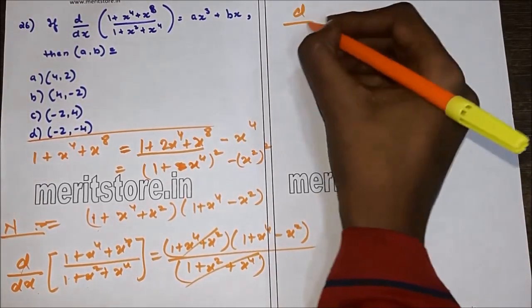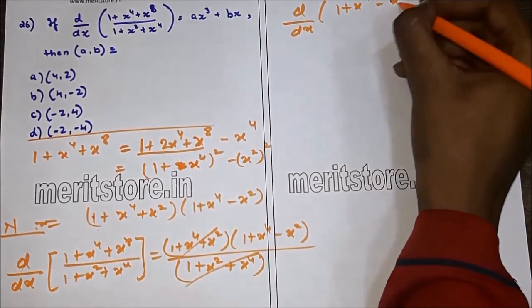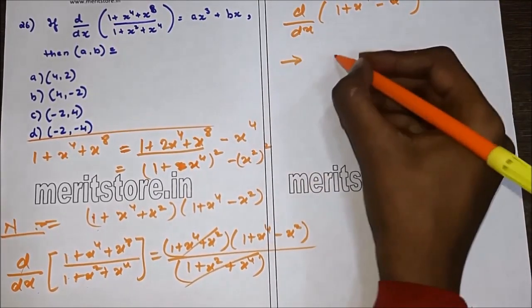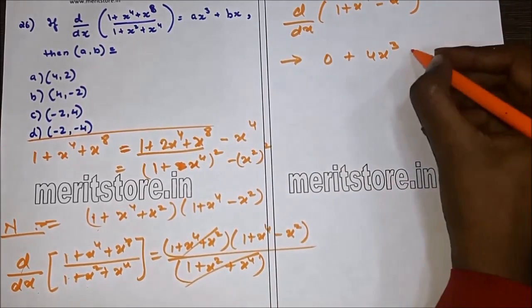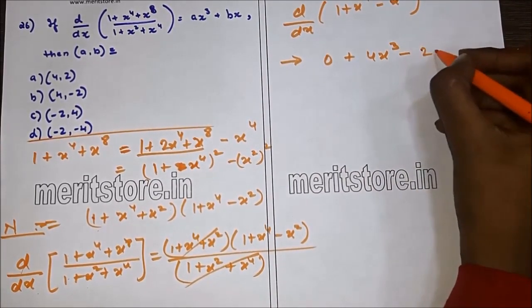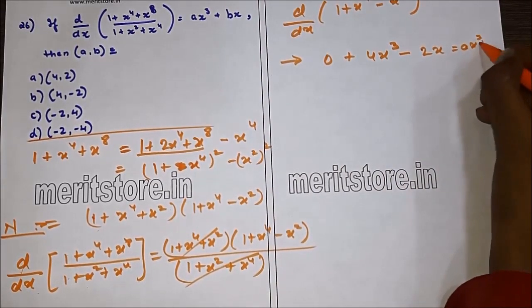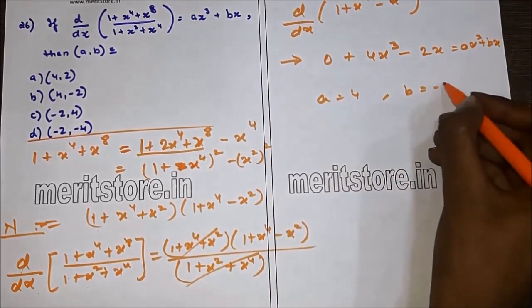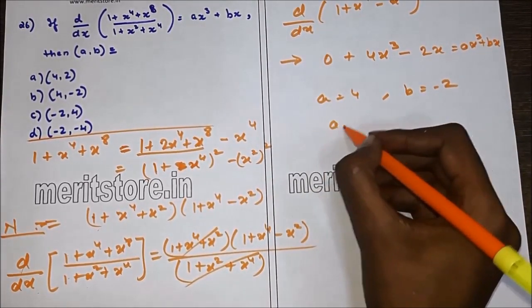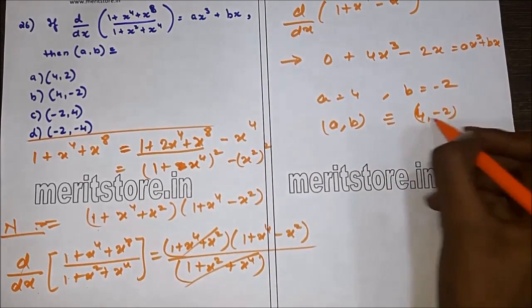We have to find d by dx of 1 + x^4 - x^2, which is 0 + 4x^3 - 2x. So comparing this with ax^3 + bx, we get a is 4 and b is minus 2. So the option is a comma b is 4 comma minus 2, which is option B.